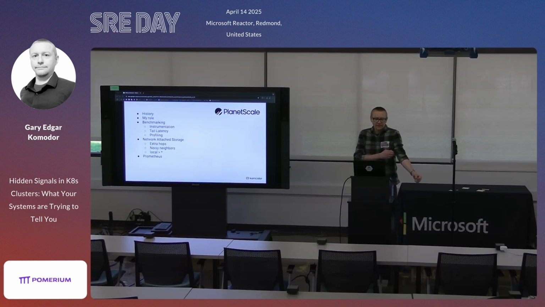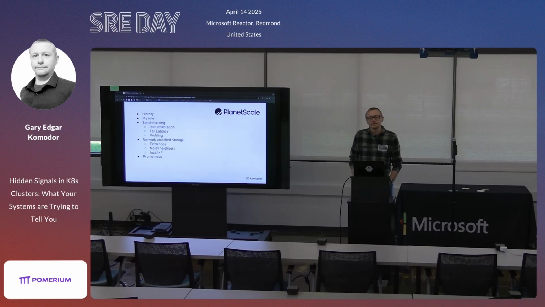Why is this relevant? I did a lot of work around benchmarking, and it really highlighted a handful of needs. Instrumentation in general is one of the most important things, whether that's my crappy little Python app, which is scraping radon metrics and hosting those for me, or the performance of your disk or your Golang application. Vitess is heavily written in Go, and it can be pretty CPU greedy.